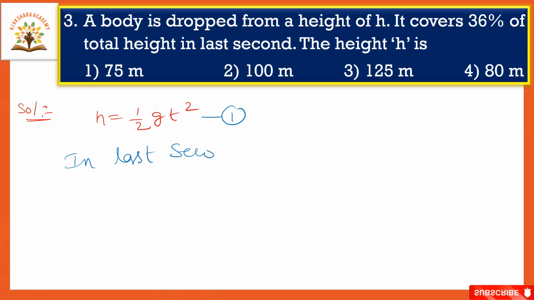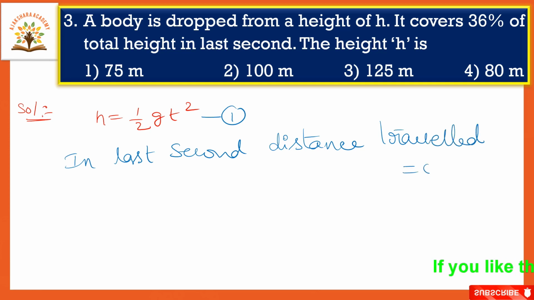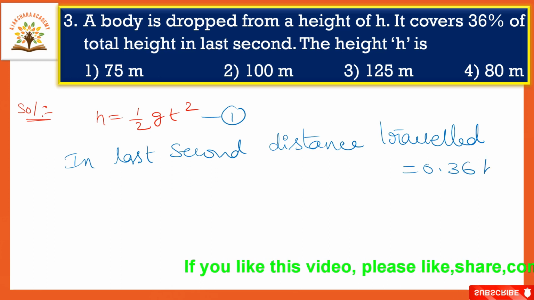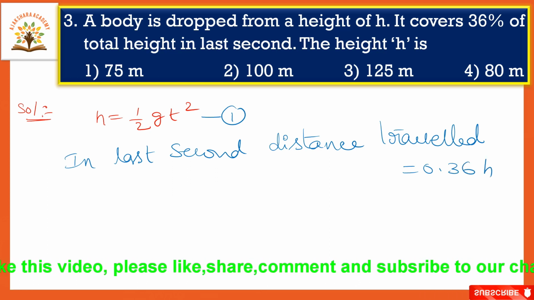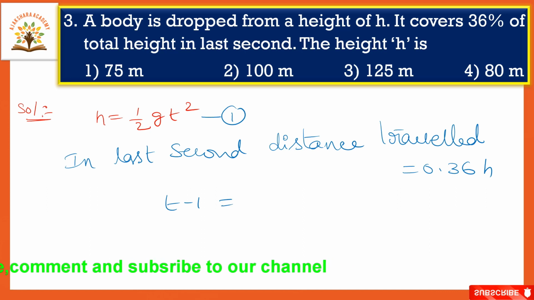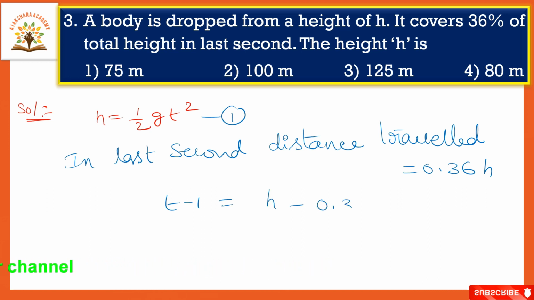In the last second, distance travelled is equal to 0.6 h. So the distance in the (t minus 1) seconds is equal to h minus 0.6 h. So h is equal to half g n square.